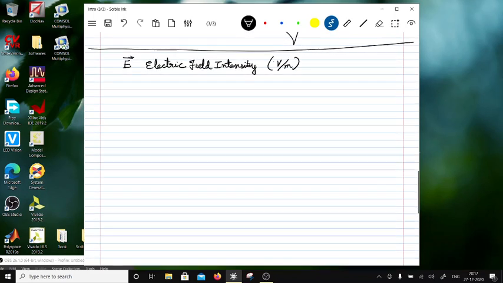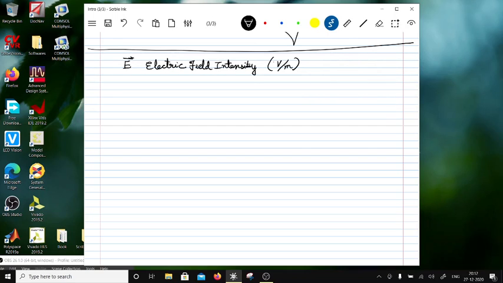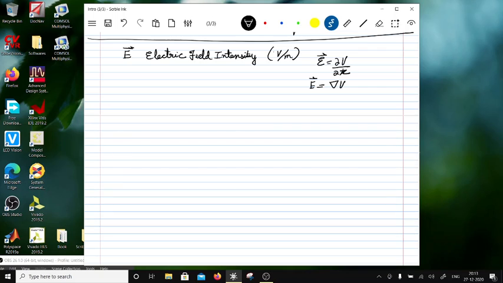In analog circuit design you would have come across this. E is equal to minus dou V by dou x, or rather you can say grad of V is minus E. So what is the grad of V? V is a scalar quantity, it's voltage.